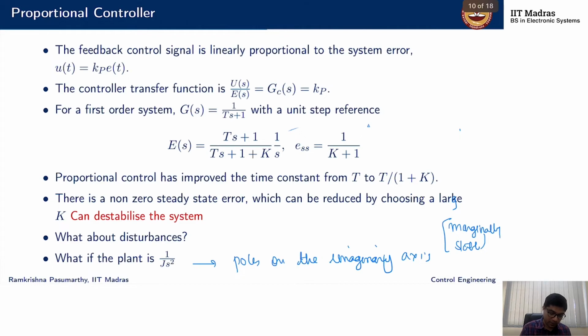Okay, so to summarize, proportional control improves my time constant. Of course, there is a zero steady state error. Again, I'm looking here at a first order system, right? There is a non-zero steady state error which can be reduced by choosing a very large k. But we have to be careful that by adjusting the gain, we are not destabilizing the system.